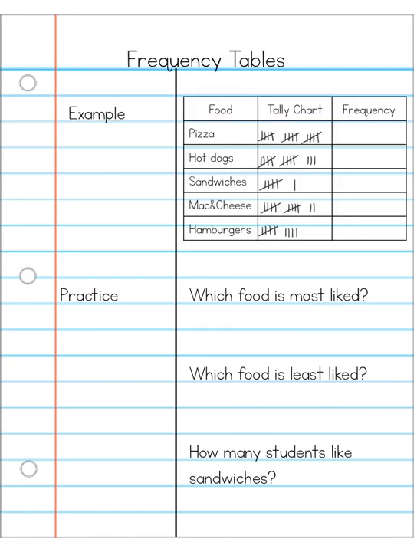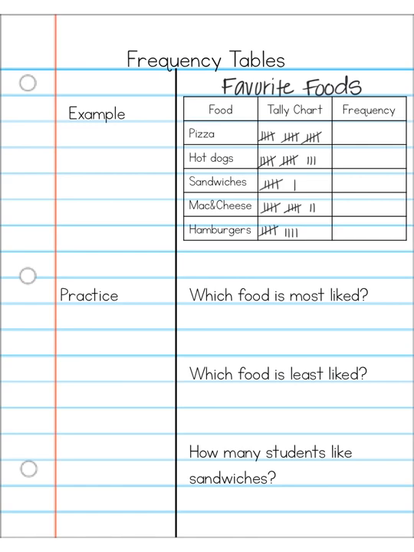Now we're going to look at an example of a frequency table. In this example, we would have asked our classmates what their favorite food is. So we're going to title this frequency table Favorite Foods. And we've used tallies here to keep track of our data. The first thing we need to do is write in the number of tallies to tell us the frequency.